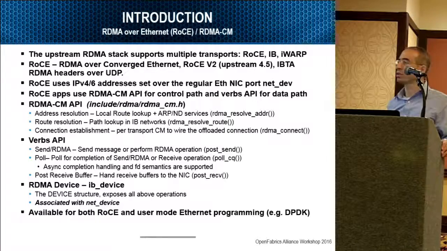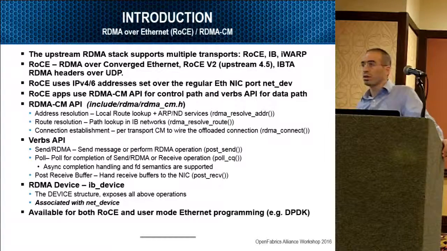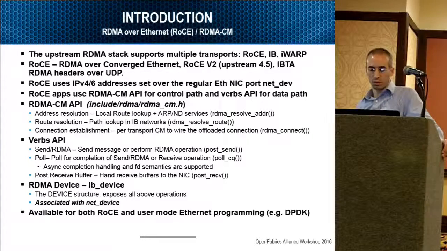All of this is being exposed through a new device, the IB device. That's the RDMA device. And the RDMA device with Rocky is associated with the network device, where it uses its IP addresses, its MTU, and such transport properties.